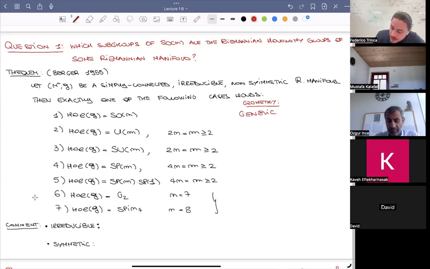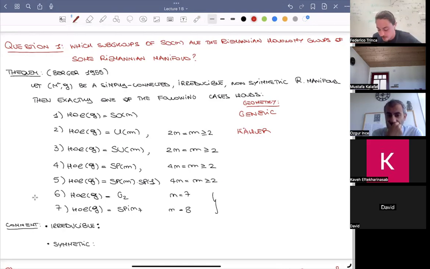Then I can have holonomy U(m), where n needs to be even. So my manifold needs to be even dimensional, and this corresponds to Kähler geometry. So if I have holonomy equal to U(m), I'm a Kähler manifold.